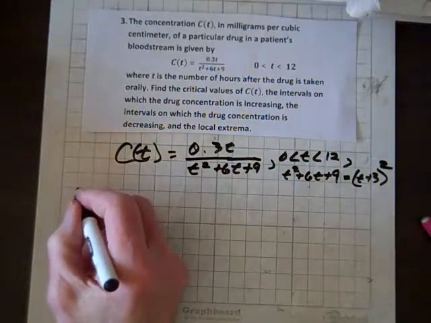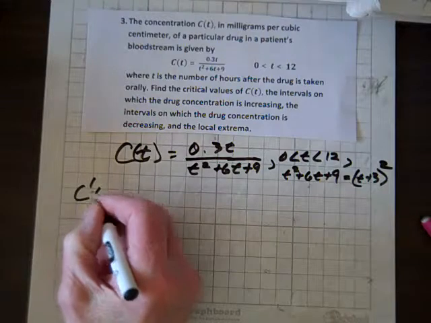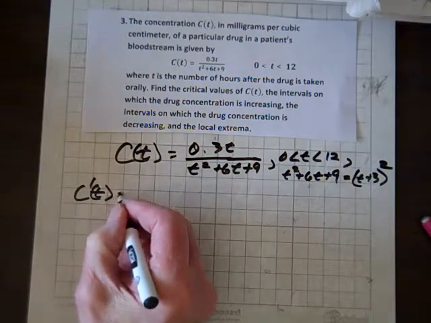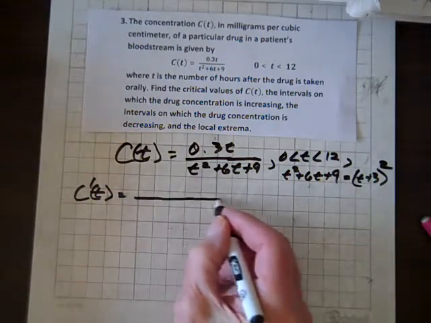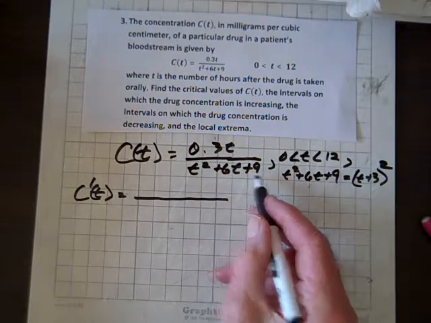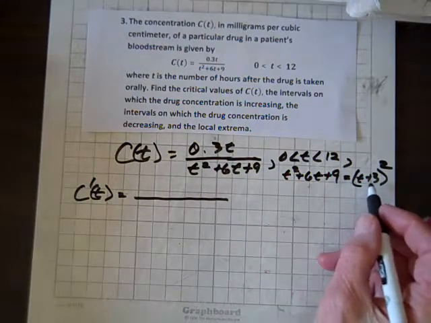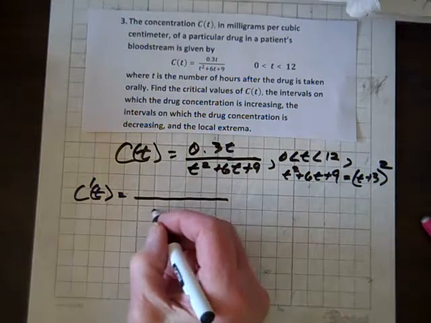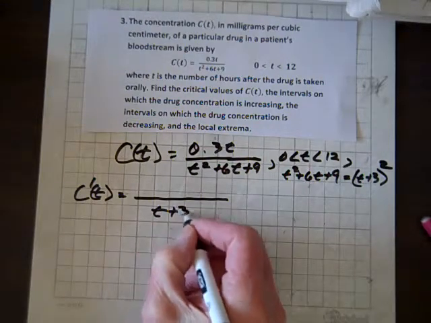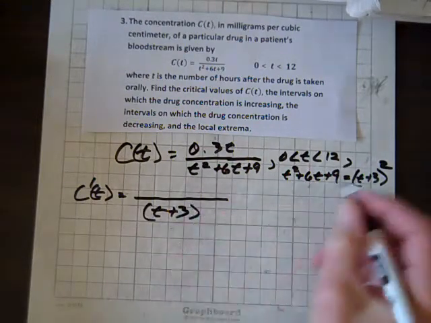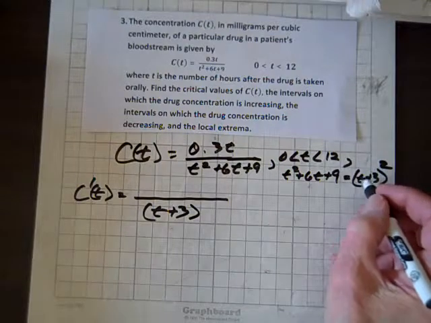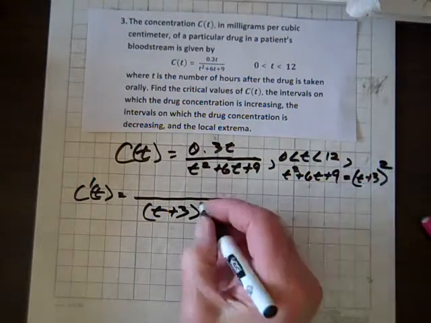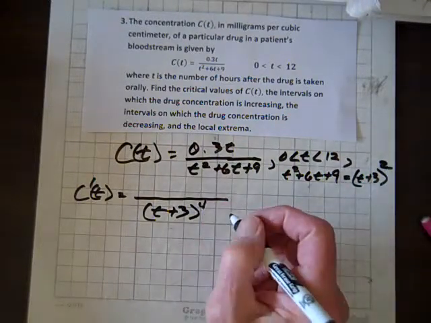Well, the first thing we'll do is find C prime of t. And we're going to use the quotient rule. And so we're going to hold the denominator constant, but I'll square it. So (t plus 3), it's more convenient to write it this way. And if we square this quantity squared, we get it to the 4th power.